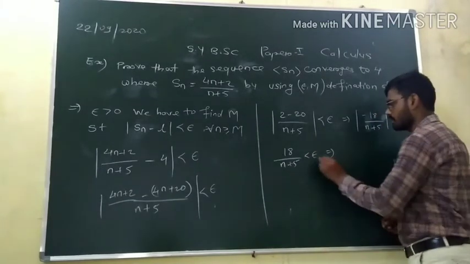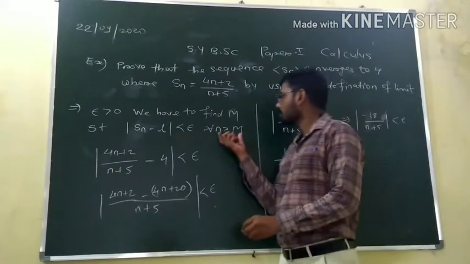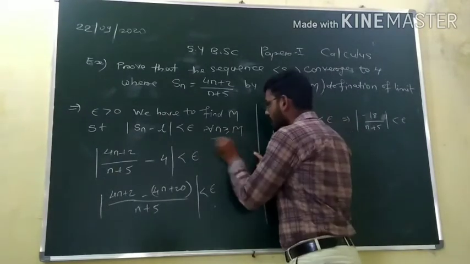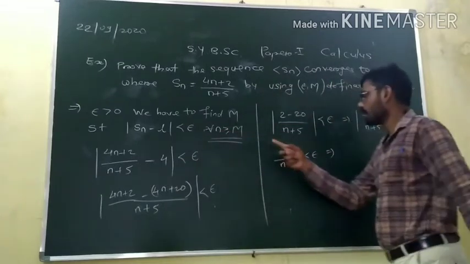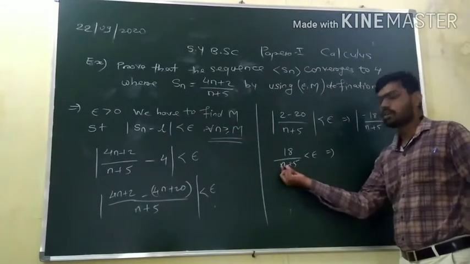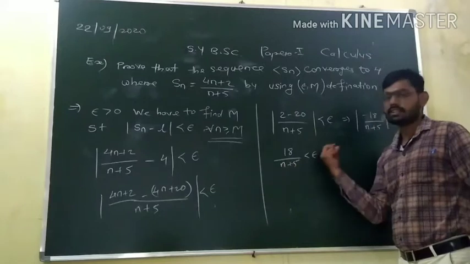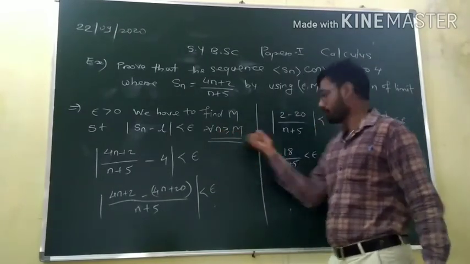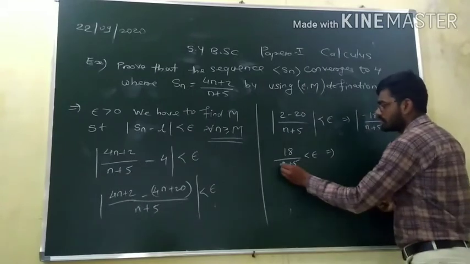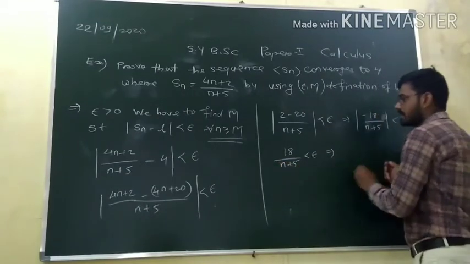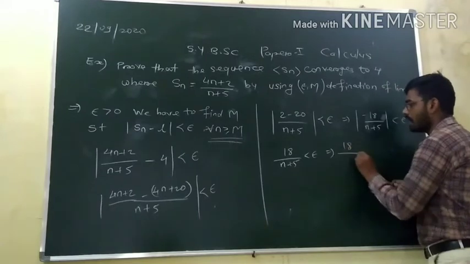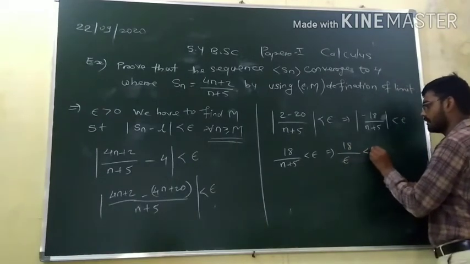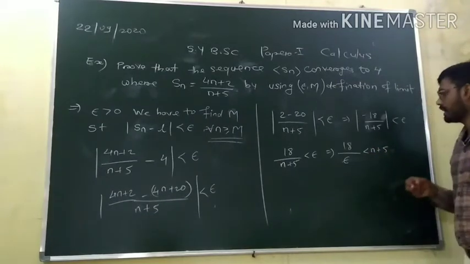But we have to find M such that whenever n is greater than or equal to M, we derive this condition. For that purpose, we have to take n on one side. We have to find n greater than or equal to some number M. So transfer the denominator n + 5 to the right side: this becomes 18/epsilon less than n + 5.